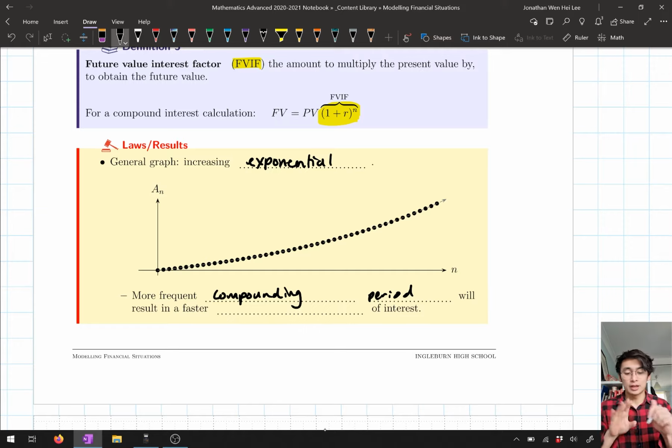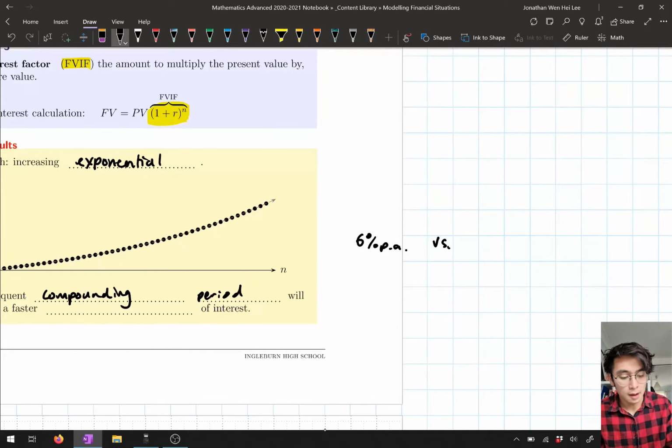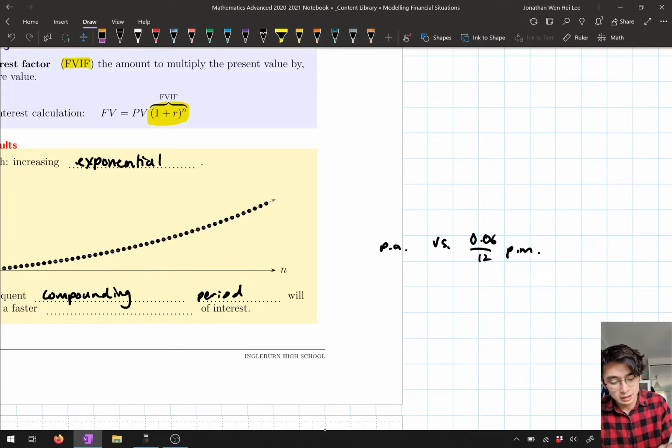For example, it might be 6% per annum versus 0.06 divided by 12 per month.